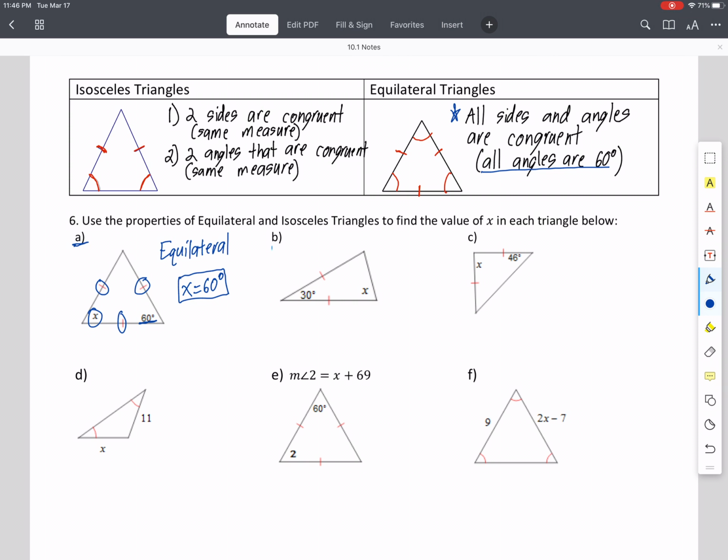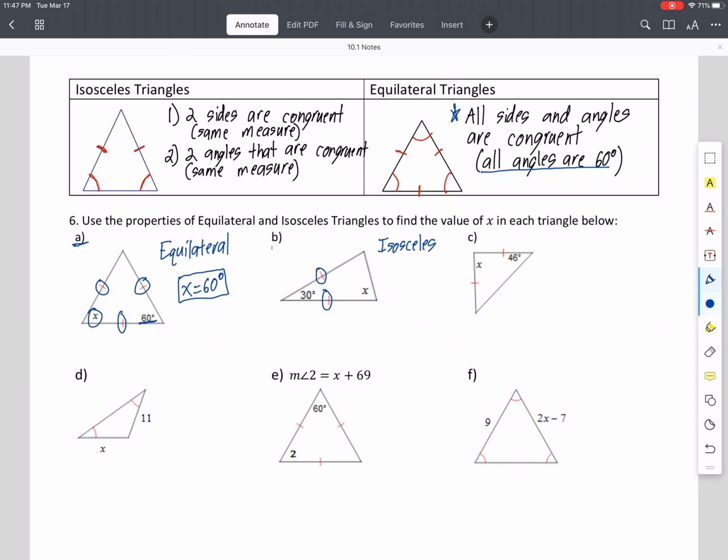Alright, and now looking at this next one, we see that two sides are congruent, so that means that we have an isosceles triangle. Probably one of the hardest parts is remembering what these names are.